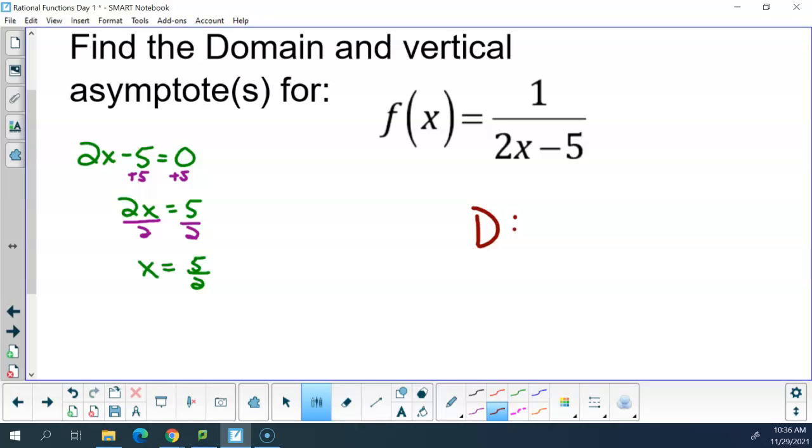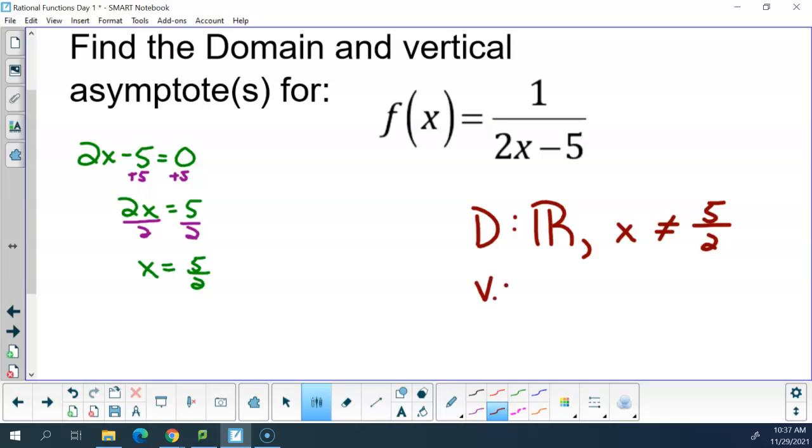All real numbers, but x cannot equal 5 halves, which means, what is my vertical asymptote? x equals 5 over 2.